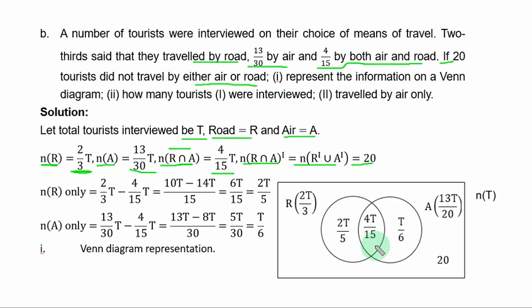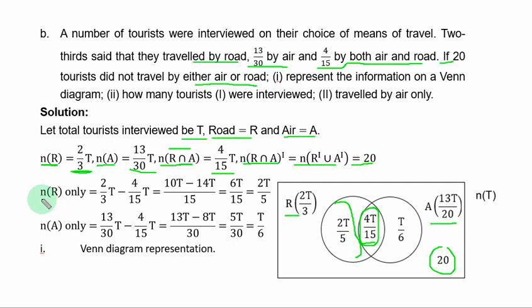So in the Venn diagram, you have those that traveled using the two means. This is by road, this is by air, while 20 did not travel by any means. Now, we need only this part, that is only road without the intersection.